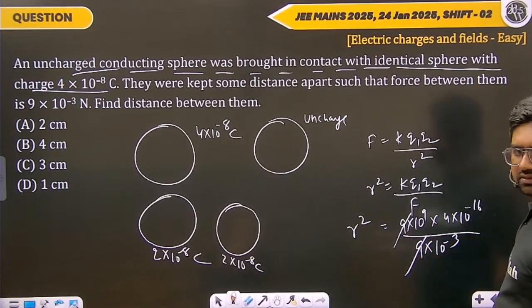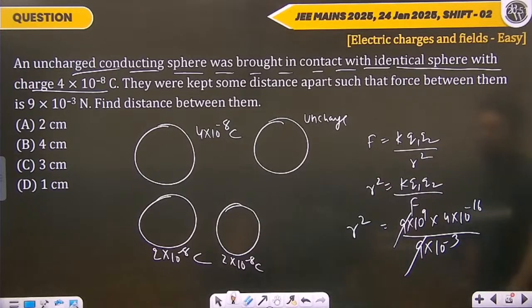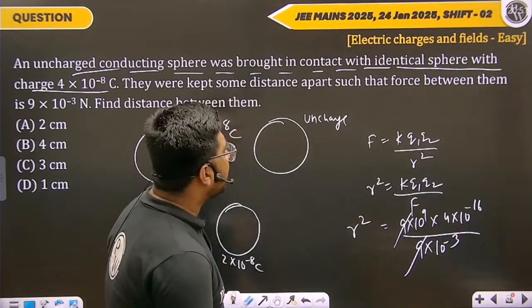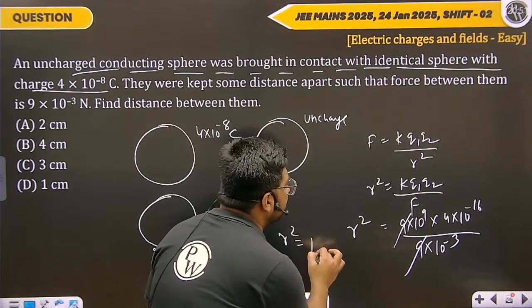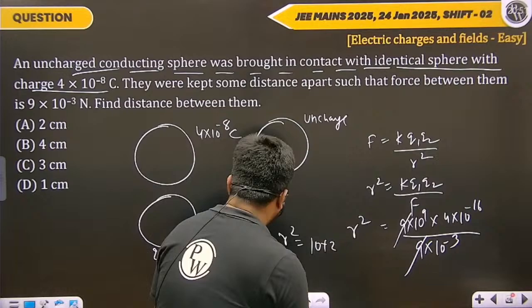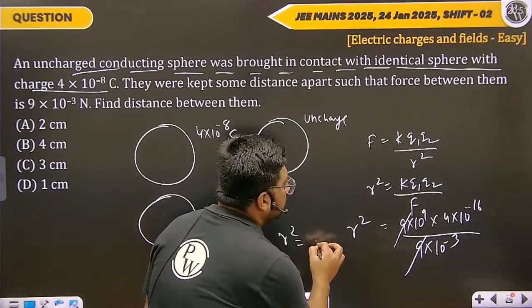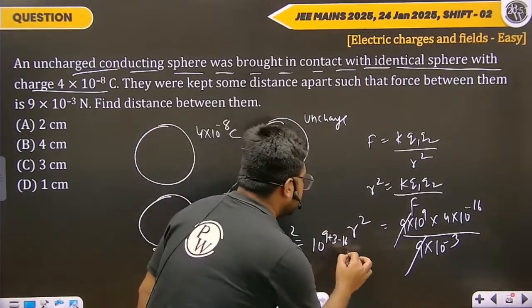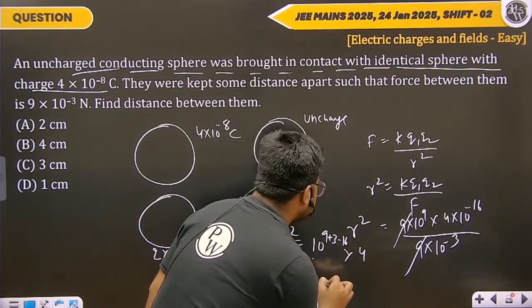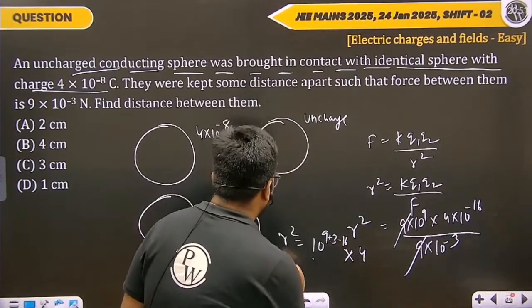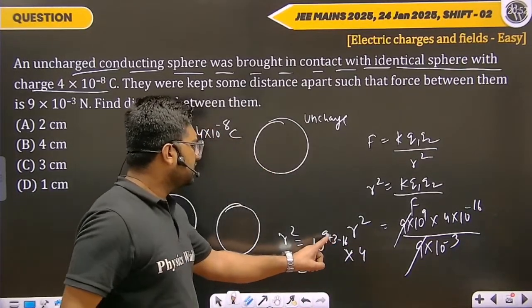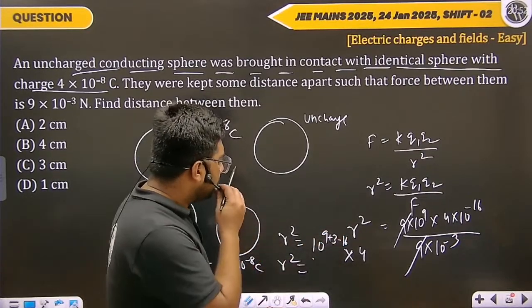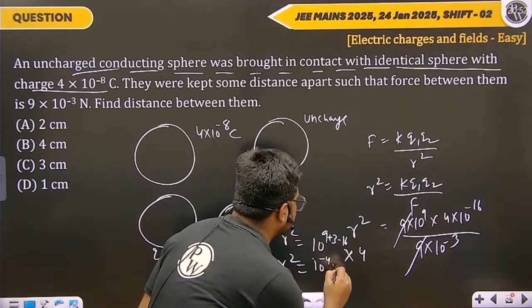The 9 cancels, and 10 power minus 3 goes upside, so 10 power 9 plus 3 is 12, minus 16 gives 10 power minus 4, and this is 4.